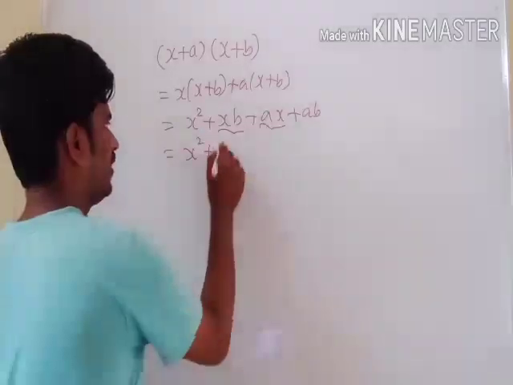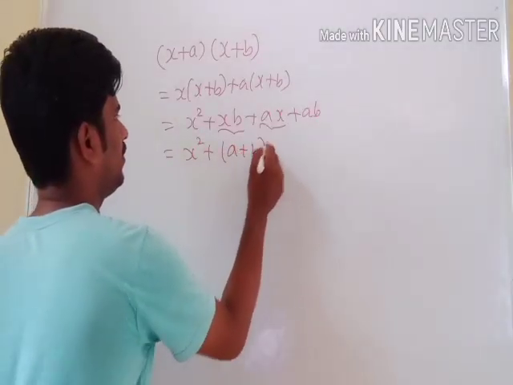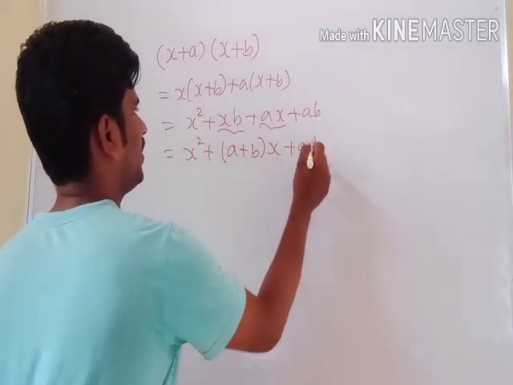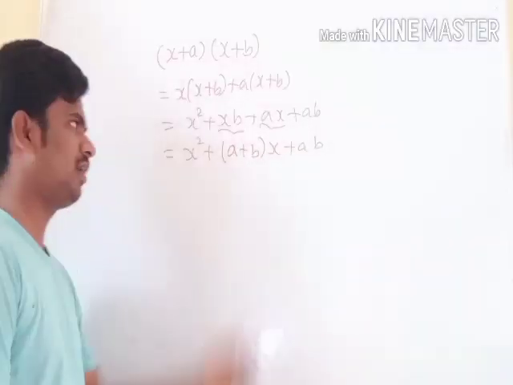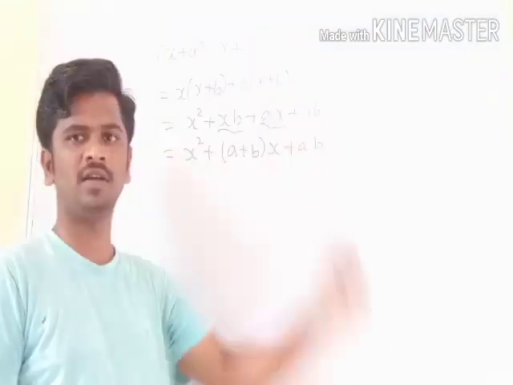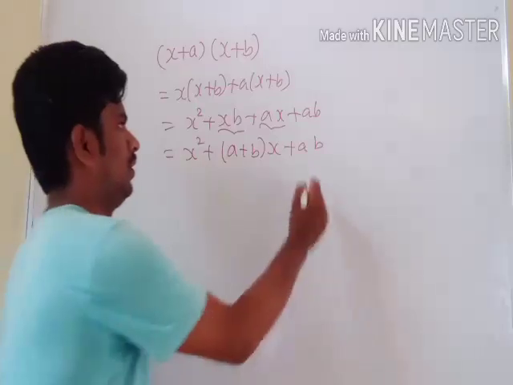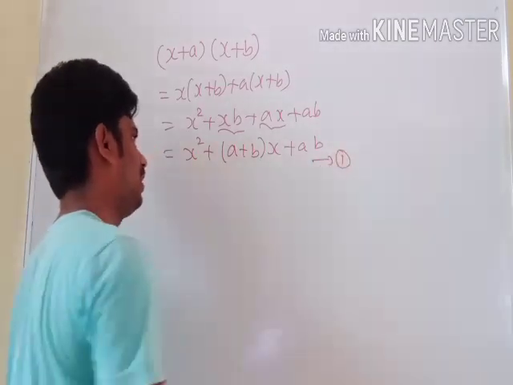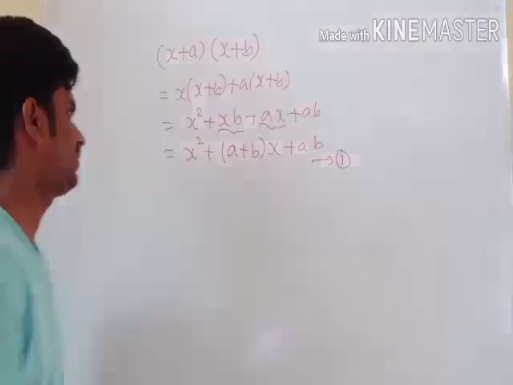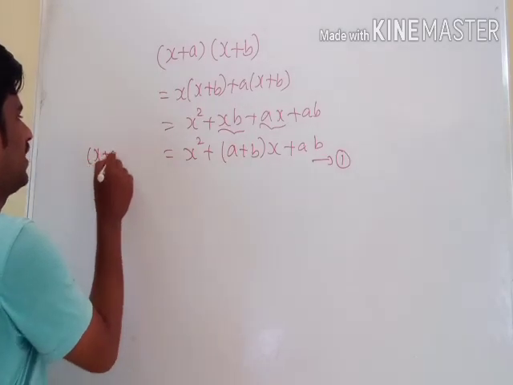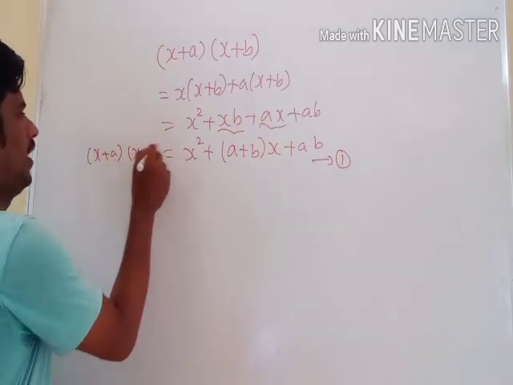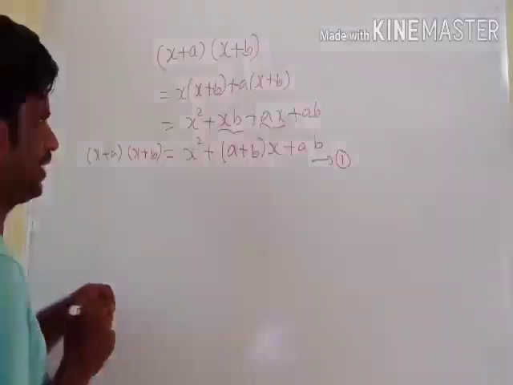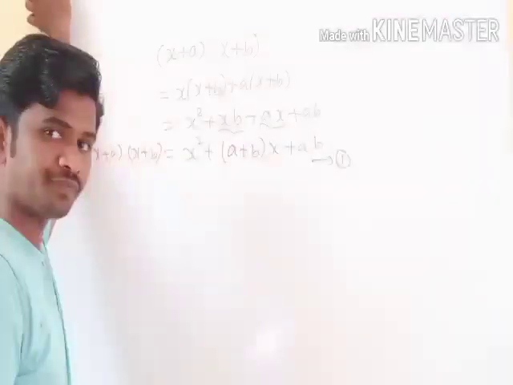So we can write (a plus b) into x plus ab, because here x is common, or here xb and ax are like terms. See, this you call equation 1. That is, the product of (x plus a) and (x plus b) can be written as x^2 plus (a plus b) into x plus ab.